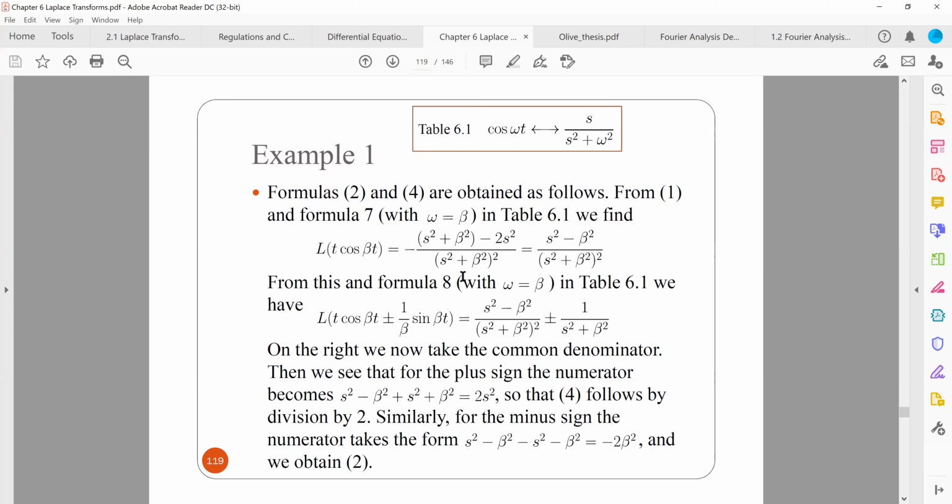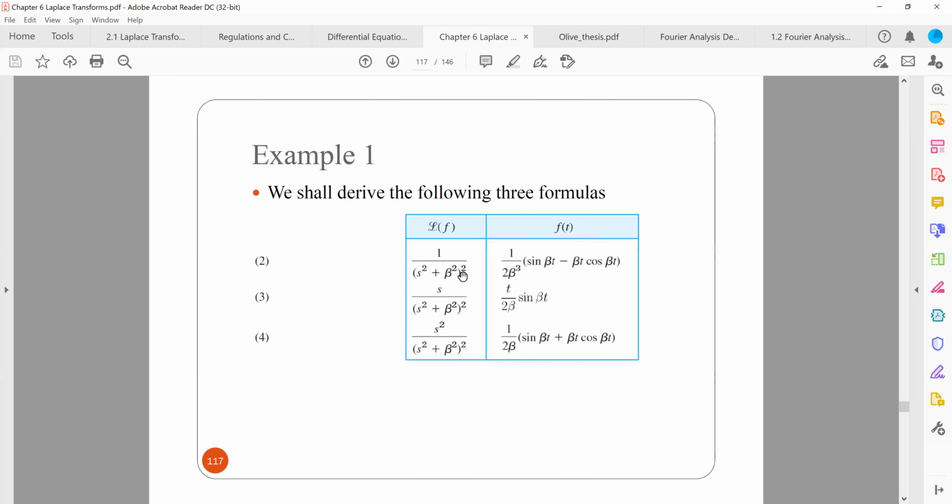The formula we're trying to prove had beta t cos beta t, and we have this 2 beta outside.